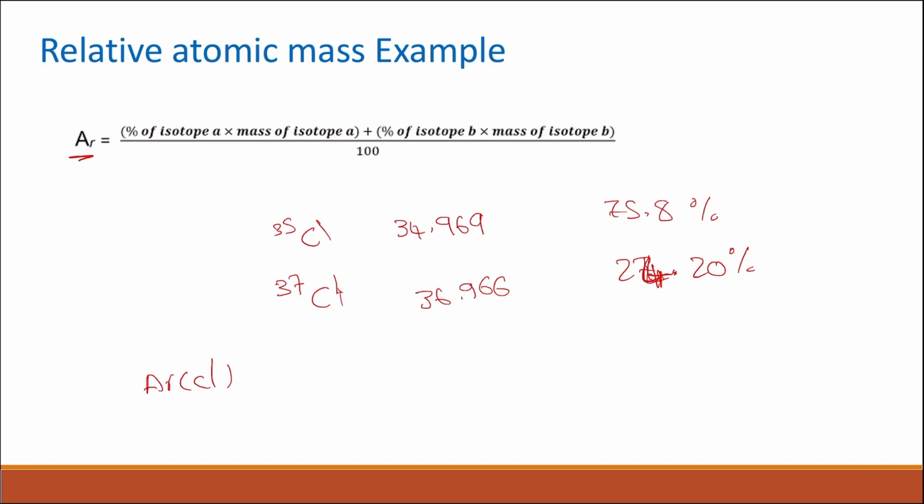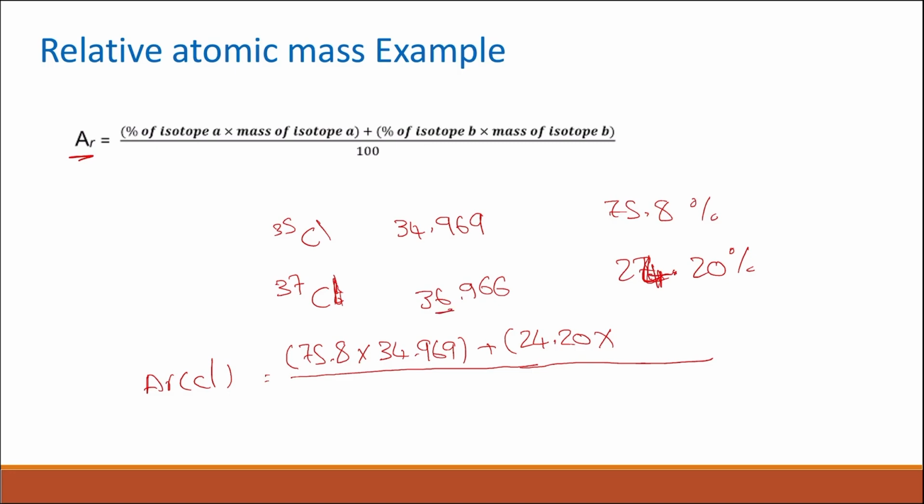The symbol for chlorine is Cl. So this is going to be the relative abundance of the first isotope, 75.8, times its mass, which is 34.969, plus the relative abundance of the other isotope, which is 24.20, times its mass, which is 36.966, divided by 100.